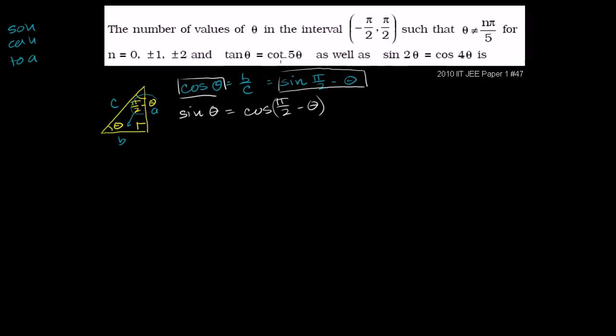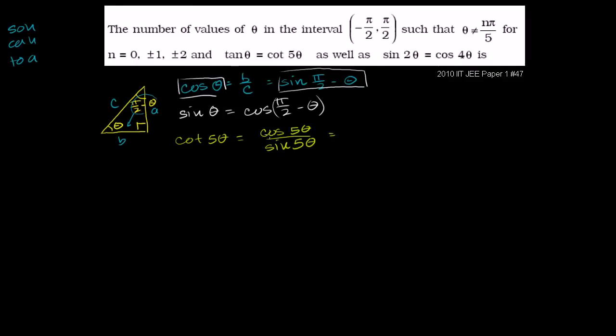And we can even use it when we solve this one. Because if I were to write down the cotangent of 5 theta, this is the exact same thing. The cotangent of 5 theta is the exact same thing as the cosine of 5 theta over the sine of 5 theta. It's just 1 over the tangent.